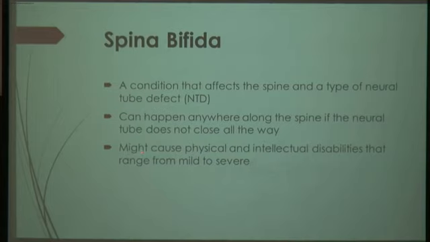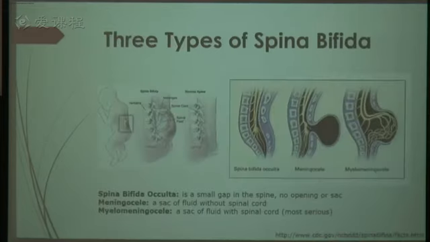The severe form will cause physical and intellectual disabilities, ranging from mild to severe, depending on how the neural tube is closed. Basically, there are 3 types of spina bifida here, which vary from mild to severe.